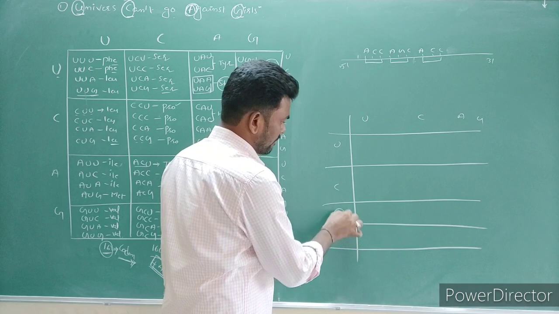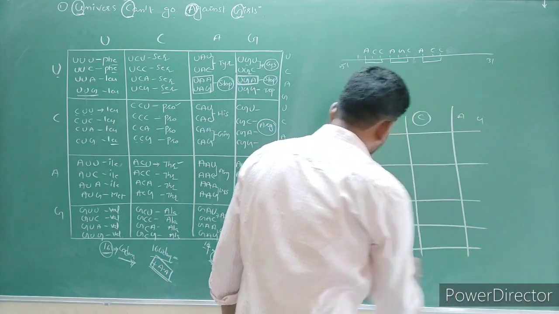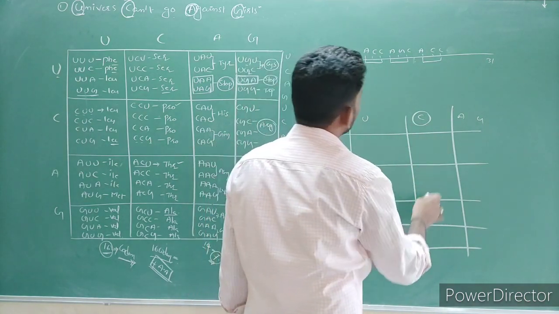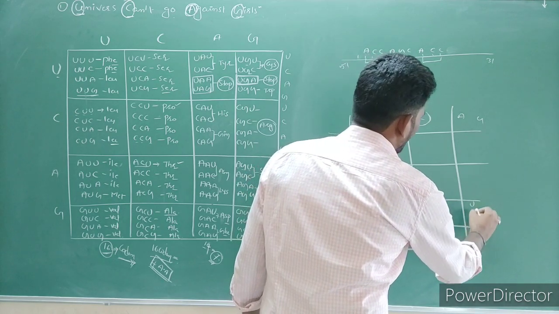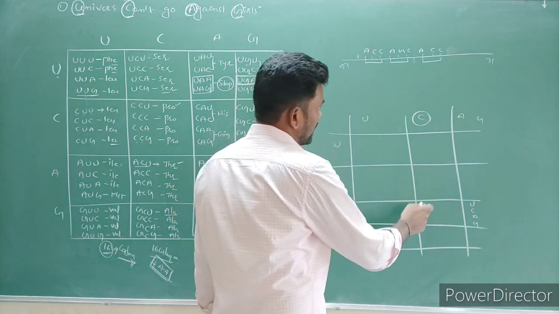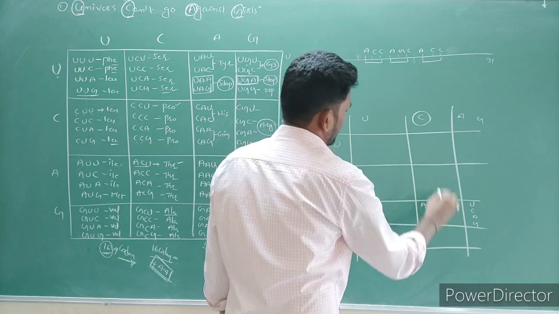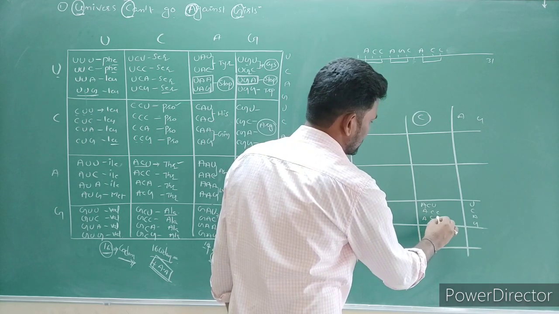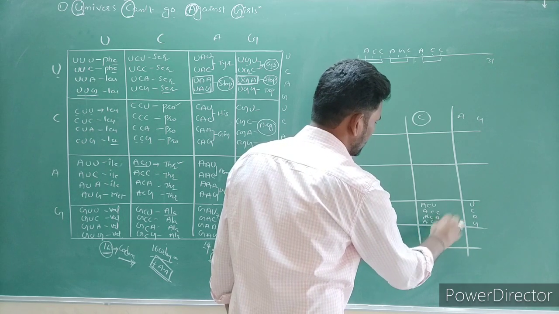Here is A, C. It means it is formed in this column. Here U, C, A, G. Right? A, C, U and A, C, C and A, C, A and the last one is A, C, G.